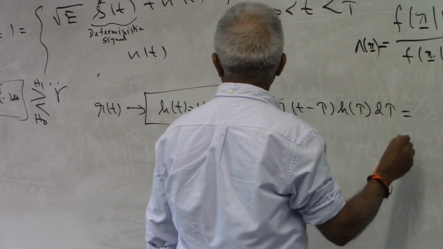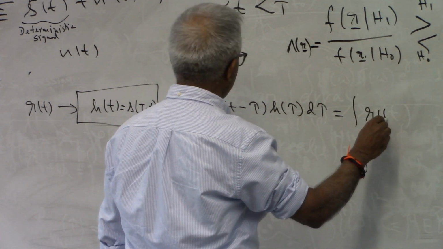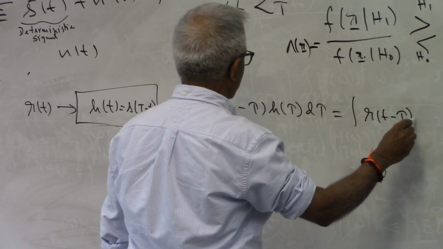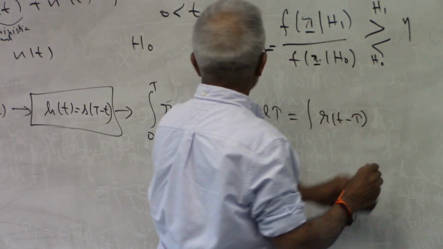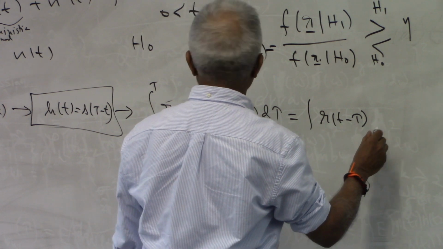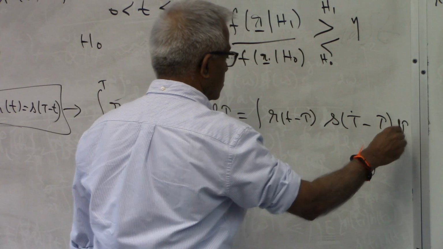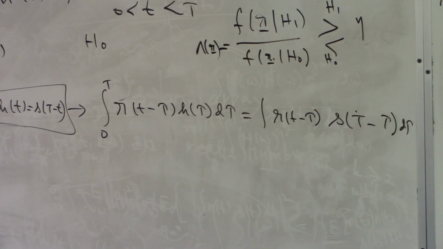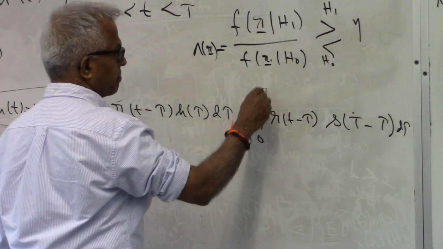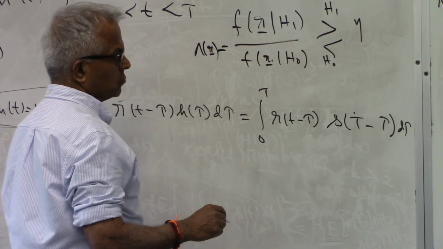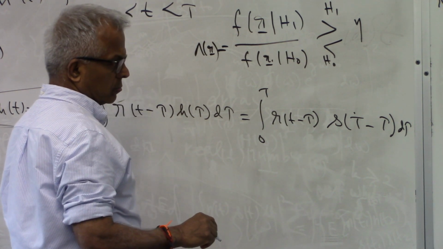So this is going to be the integral of r of t minus tau, h of tau, where h of t is s of t.